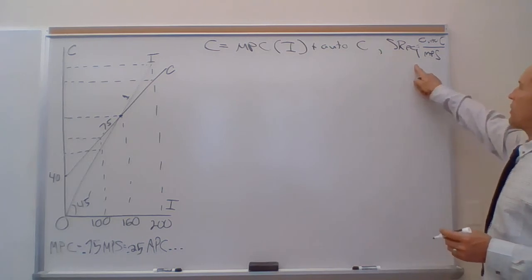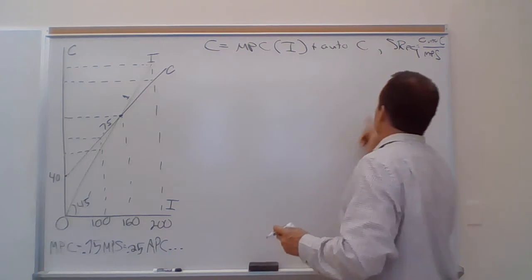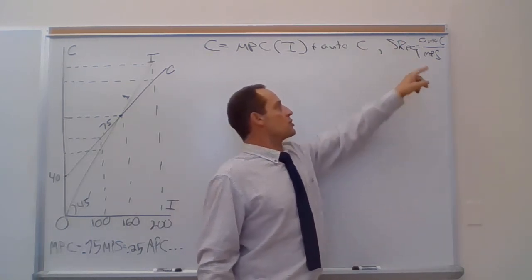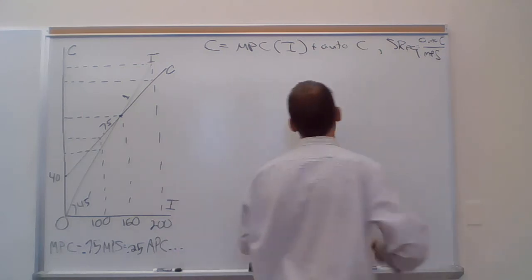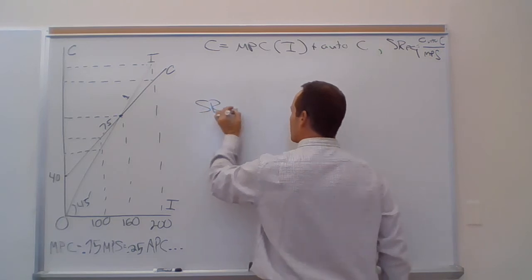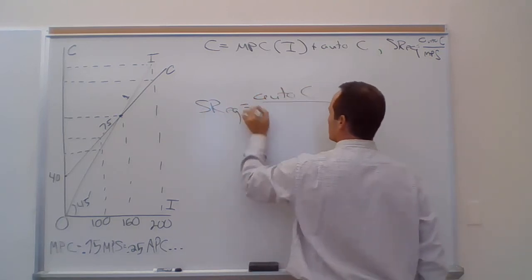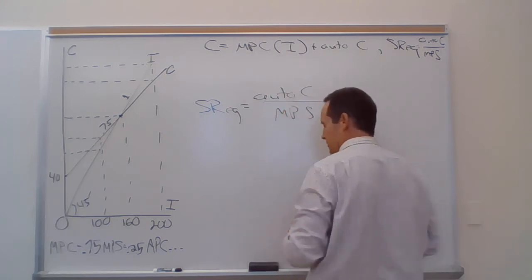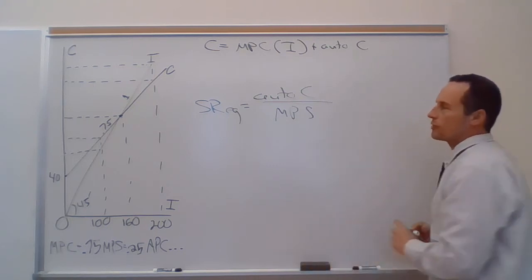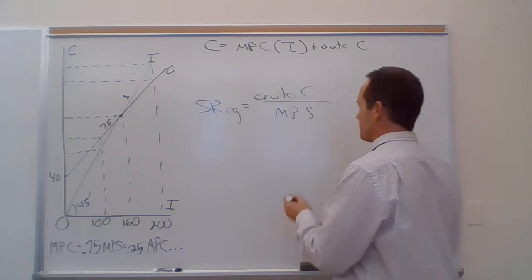Short-run equilibrium is connected to autonomous consumption through this identity up here, and it says short-run equilibrium equals autonomous consumption divided by MPS. I will repeat it: short-run equilibrium equals autonomous consumption divided by MPS. So if we take the information provided, MPS is 0.25 because we're spending 75%.